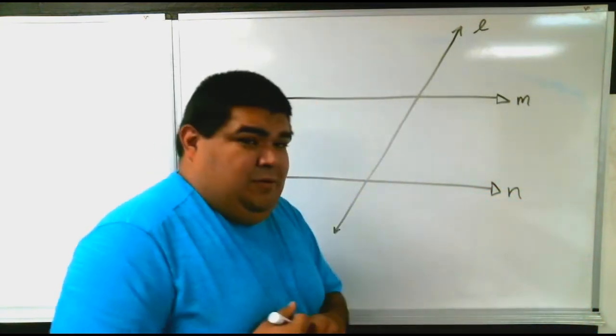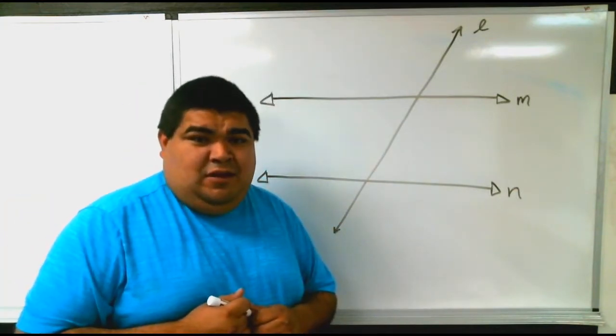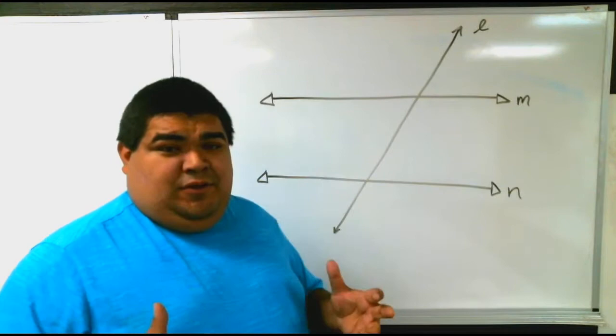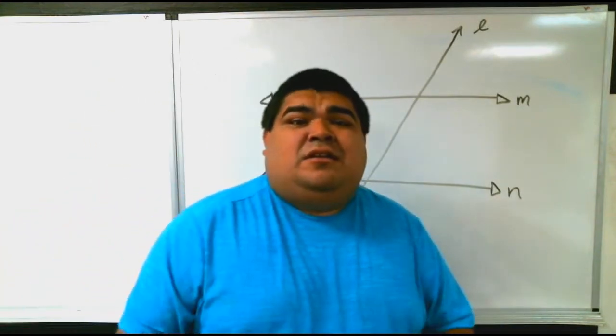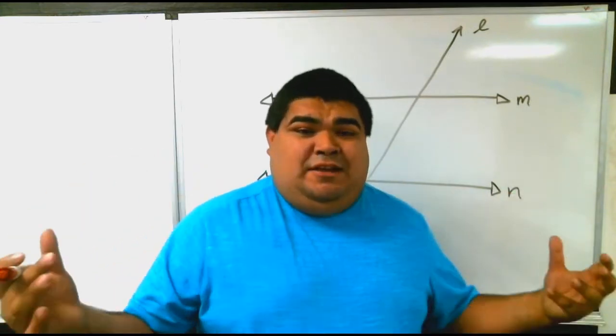Let's start off with the first one. The first one is alternate exterior. The word alternate means opposite, and exterior means on the outside.